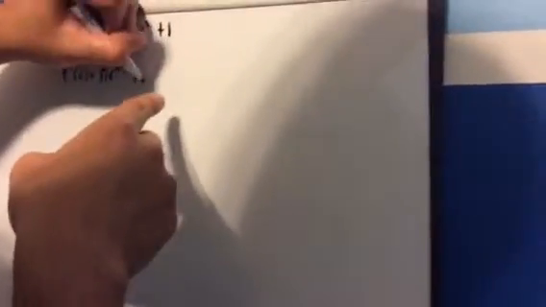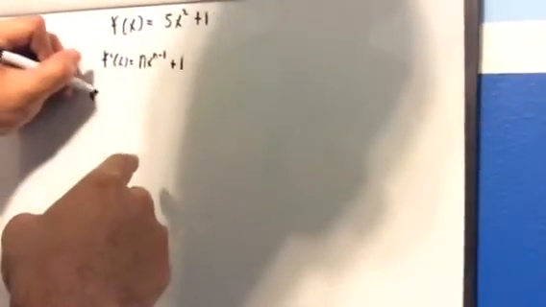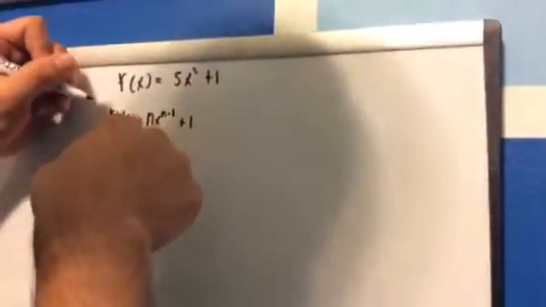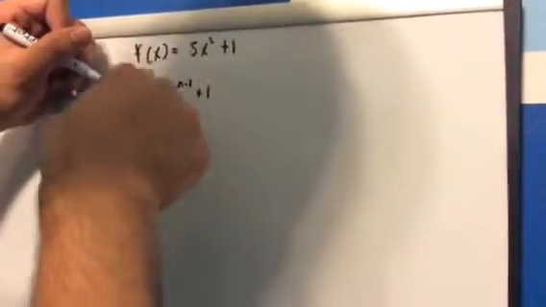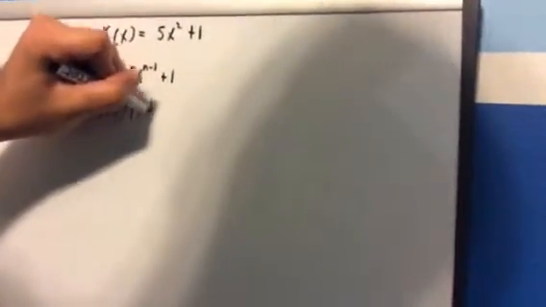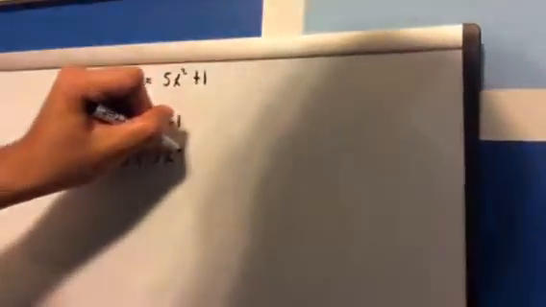Right? This is plus 1. So the f prime of x, in this instance, again, we already have an n. Our constant is 5. That's going to be in front of the x. So 2 is our n. So 2 times 5 times x to the 2 minus 1, which is going to equal 1, plus.